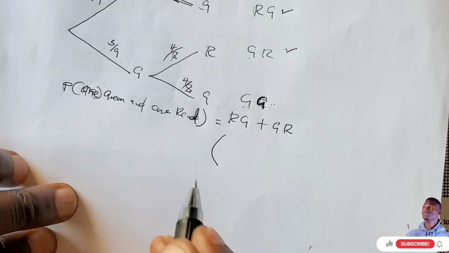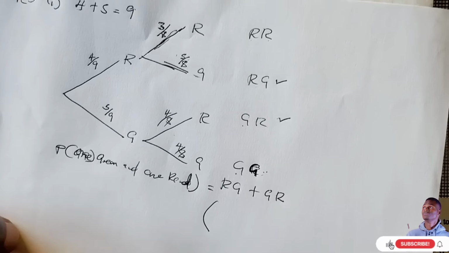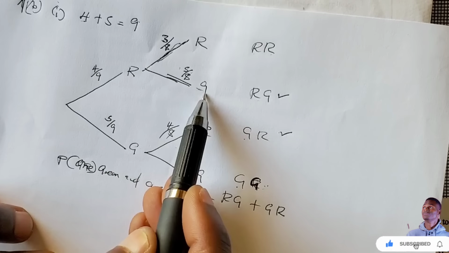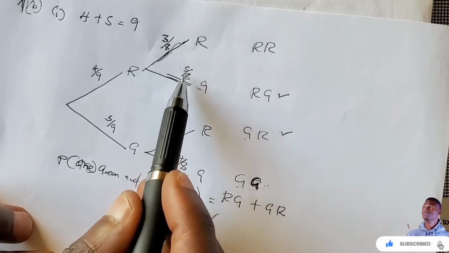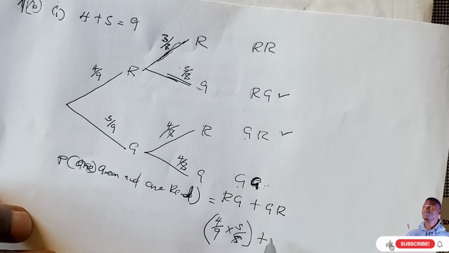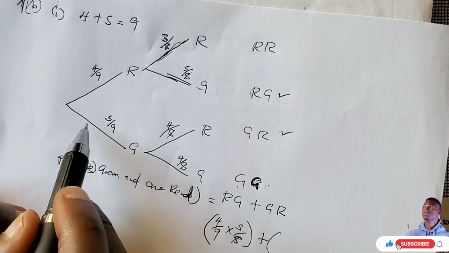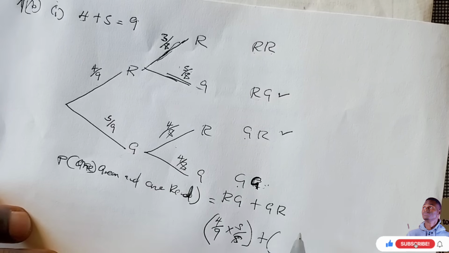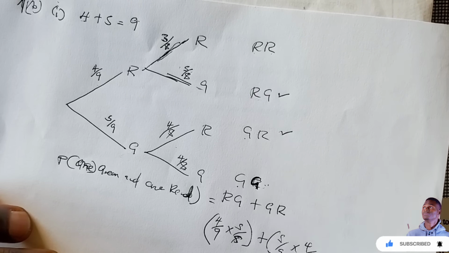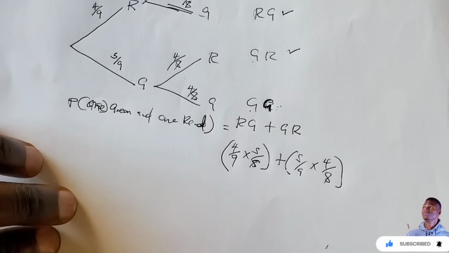Good. So you just substitute here. You ask yourself, how many red do you have? Yes, we are using this, 4 over 9 multiplied by 5 over 8, close bracket, plus green here, this one, 5 over 9 multiplied by 4 over 8, okay?